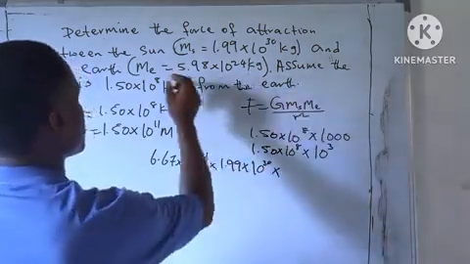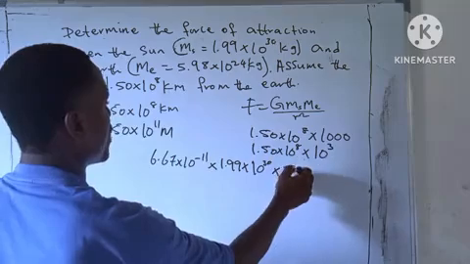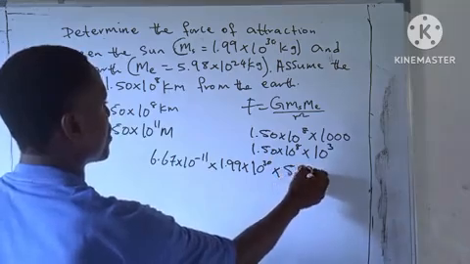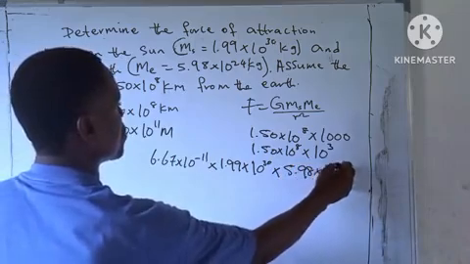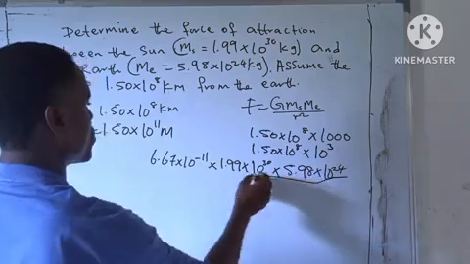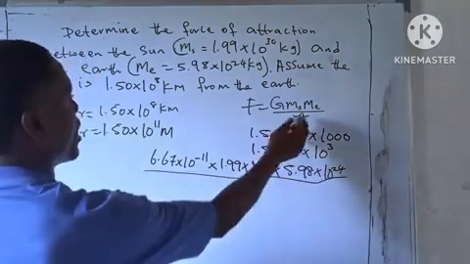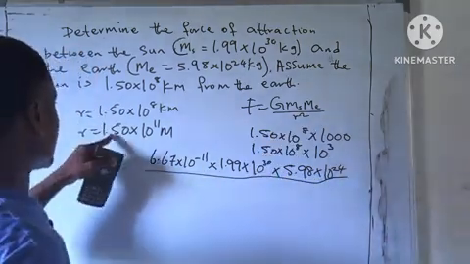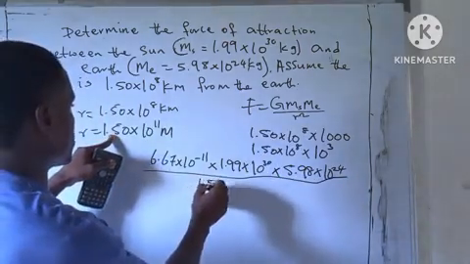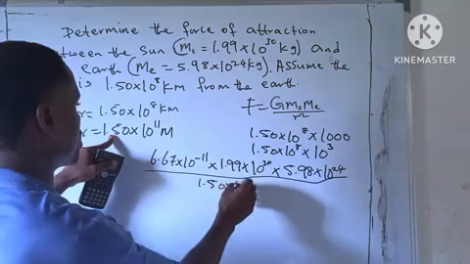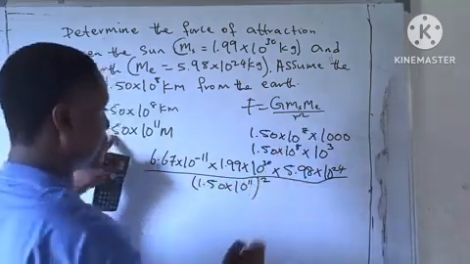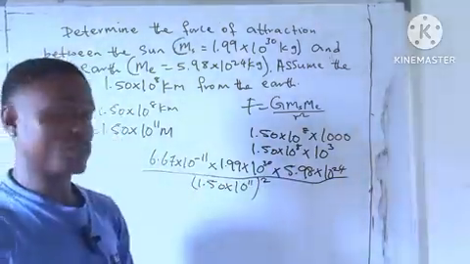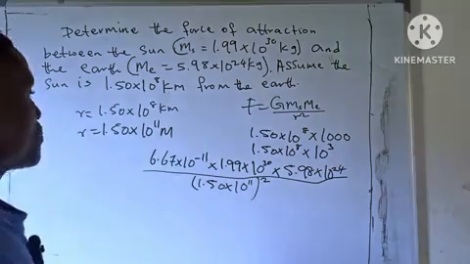Then the mass of the earth is 5.98 times 10 raised to power 24. Then you divide by R, which is 1.50 times 10 raised to power 11. We have square, so you must square it. It's very important. Please don't forget. This square is very important.